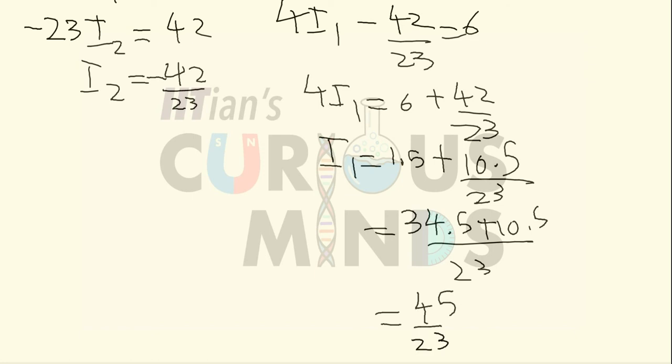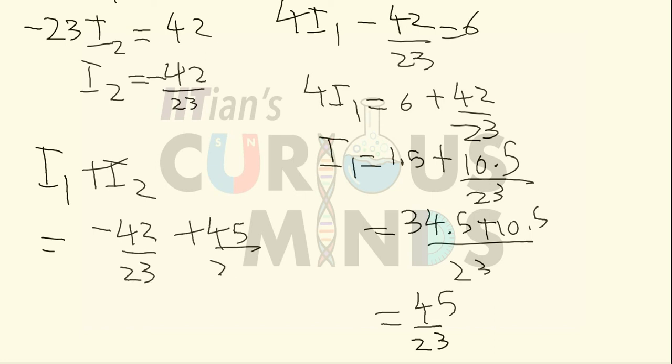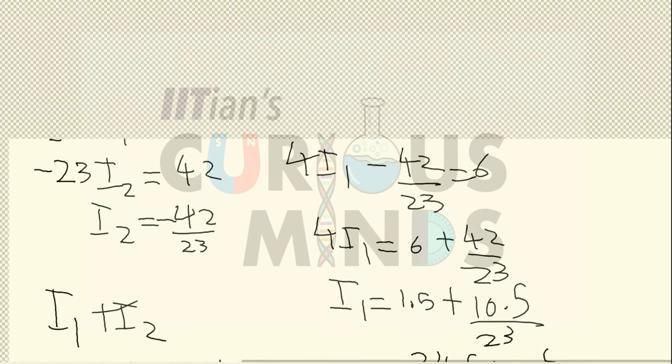So the total current over here will be equal to I1 plus I2. When I add both of them, it will be equal to negative 42 divided by 23 plus 45 divided by 23, which is equal to 3 by 23.